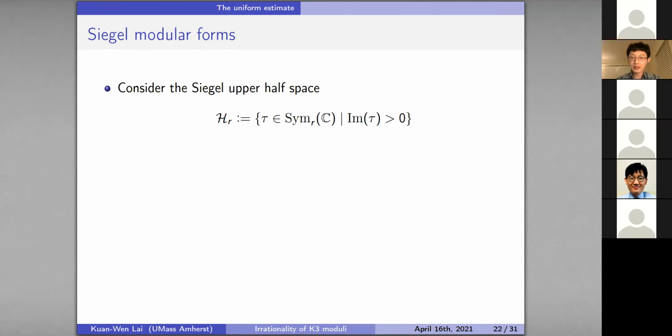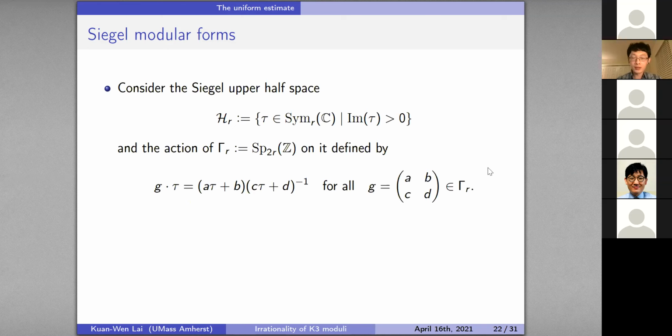This is the space consisting of R by R symmetric matrices such that the imaginary part is positive definite. So each tau is a matrix, and we have an action of the symplectic group on this Siegel upper half space, which acts in a quite similar way as in the scalar modular form case.